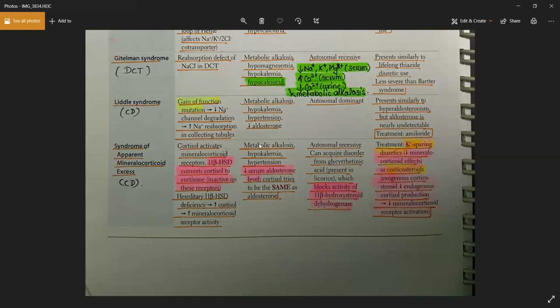You will get metabolic alkalosis, hypokalemia, and hypertension, but again you will have low aldosterone levels and a high concentration of cortisol. Treatment includes inhibiting the aldosterone receptors, which can be achieved by giving the patient spironolactone or eplerenone, the potassium sparing diuretics.